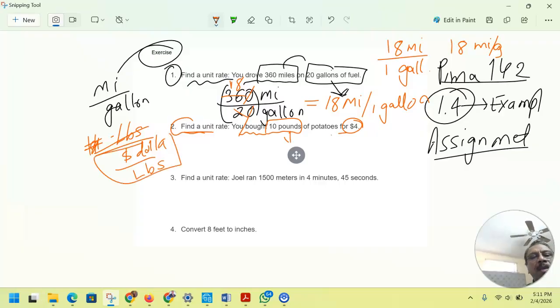So that's the rate we are going to use. You spend $4, and you buy 10 pounds.